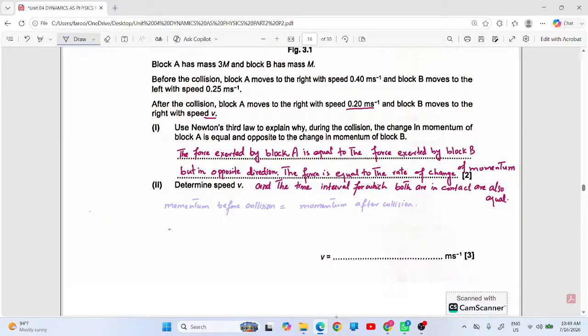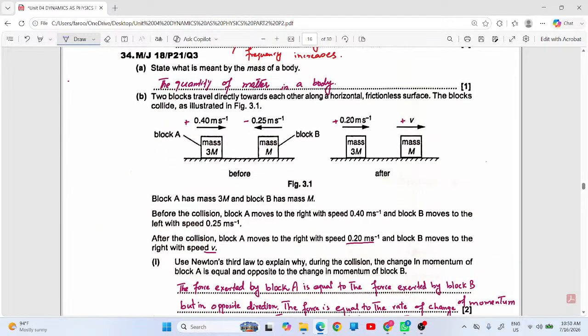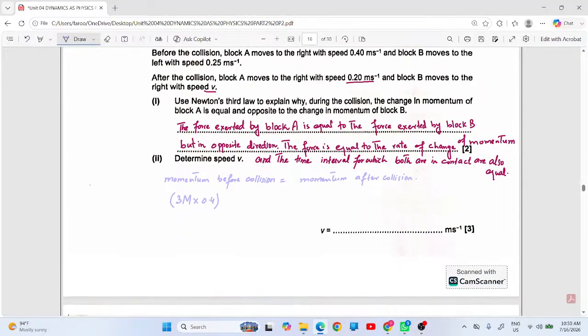Now momentum before collision is m multiply by 0.4 plus, minus नहीं चाहिए, opposite direction, into its velocity is minus 0.5.